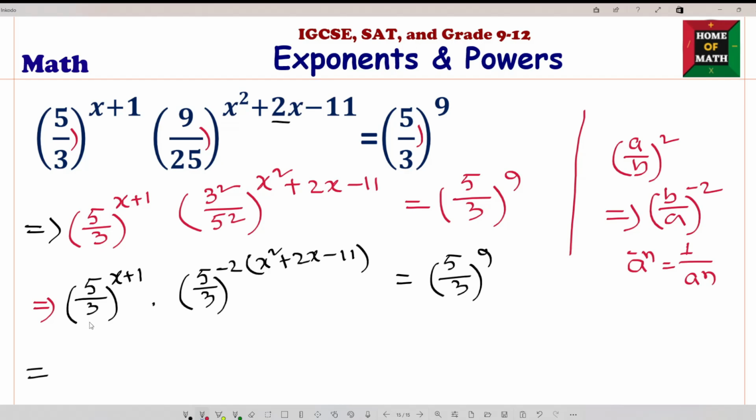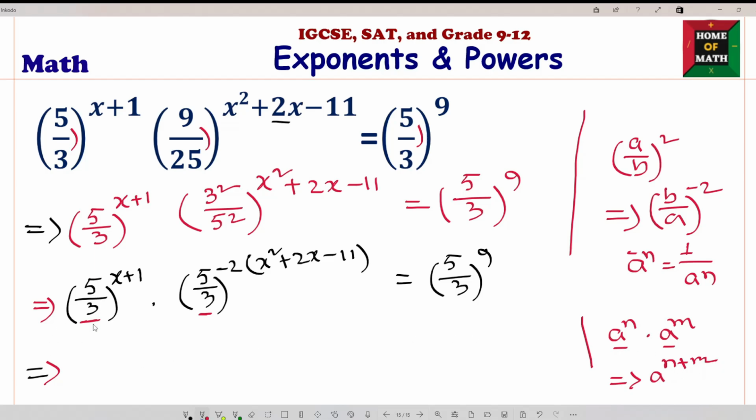So look, here is 5/3 and here is 5/3. We know a formula for the bases of exponents: a^n times a^m, once the bases are the same, the powers will be added. It means a^(n+m).